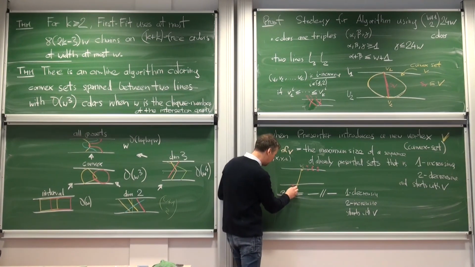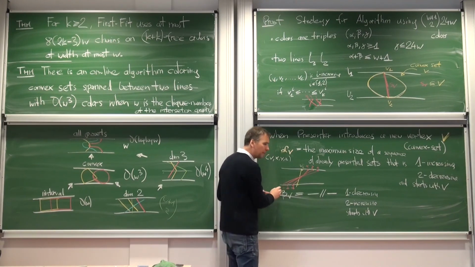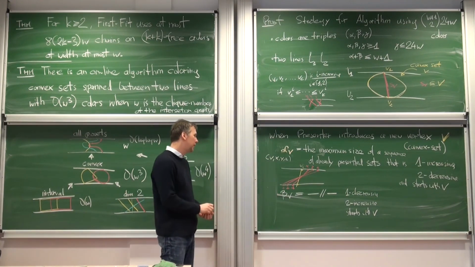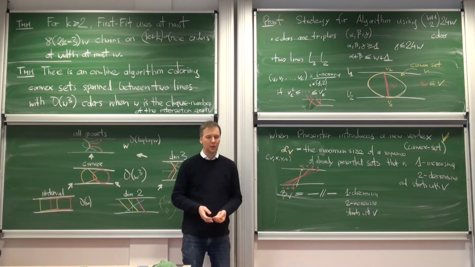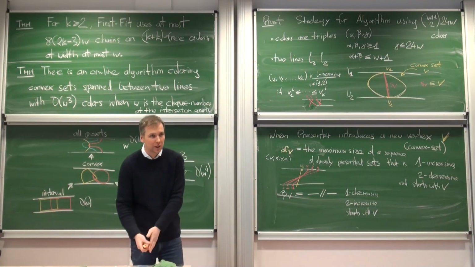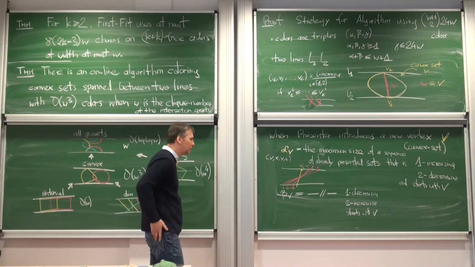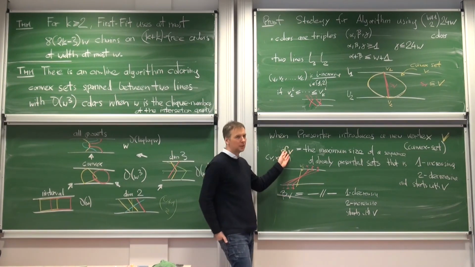So this would be X, Y, Z. We can draw an example, something like that. That is a sequence of size 4, which is 1-increasing, 2-decreasing, and starts with V. So the maximum size of such a sequence that we can see in already presented sets is alpha V.